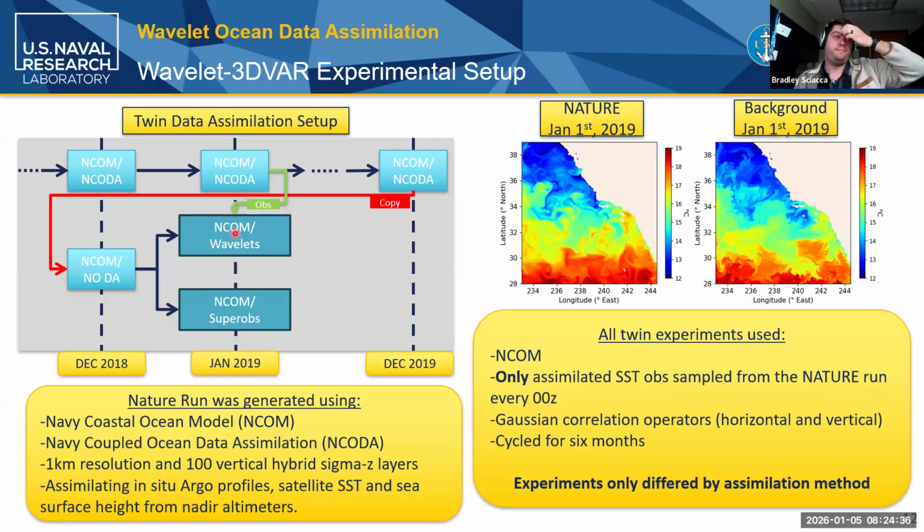We used NCOM as our forecasting model, and we had Gaussian correlation operators, both horizontal and vertical, for all these experiments. The vertical one was used when we produced our increment. It spread our surface increment down to the mixed layer to give us a 3D-ish increment, and we cycled each one for 6 months.